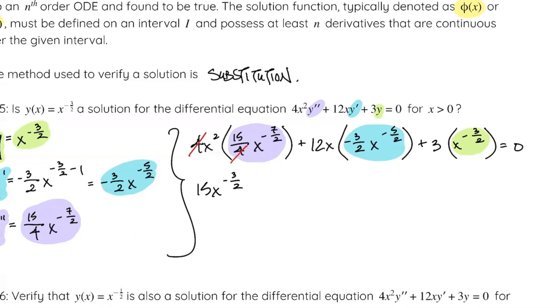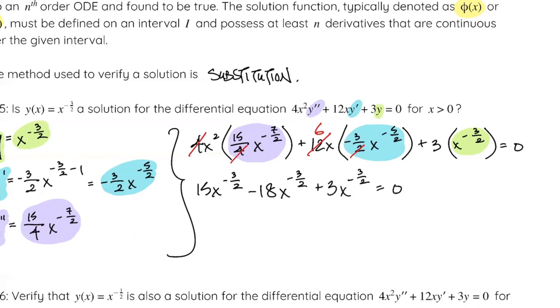All right, let's keep going. 12 divided by 2 gives me 6, and that gives me -18 x to the -3/2, because same thing, I add those exponents. I finish off with a plus 3x to the -3/2 equals 0.